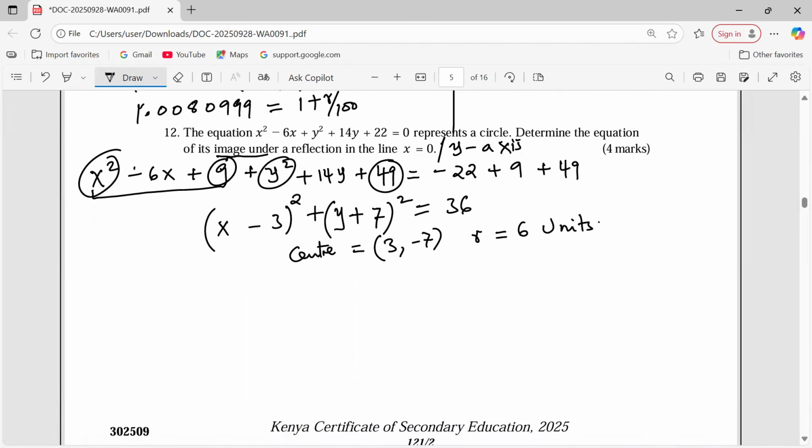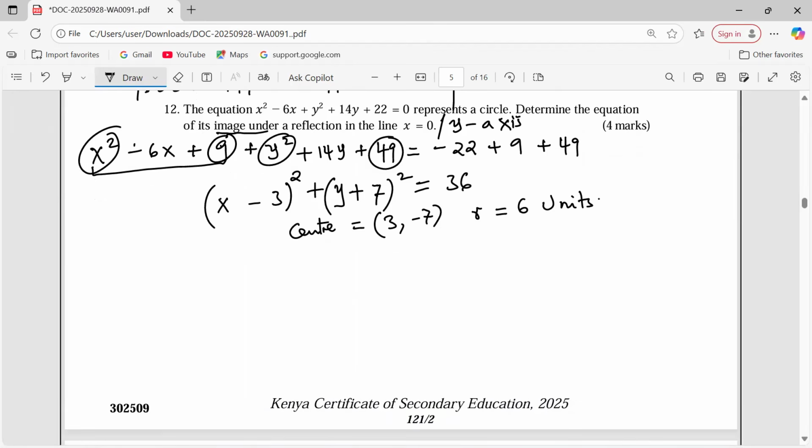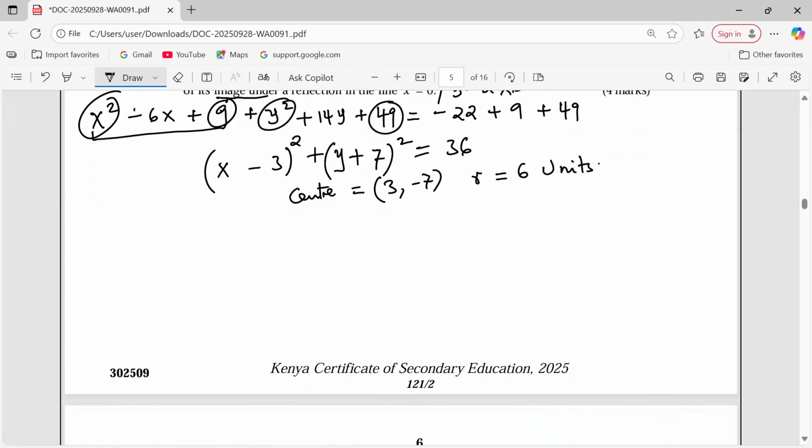Now, after reflection, there is something I want you to notice: when you reflect, the size of an object doesn't change. So the image and the object shall have equal radius. So the radius is not changing. Due to reflection, what is going to change is just the center.